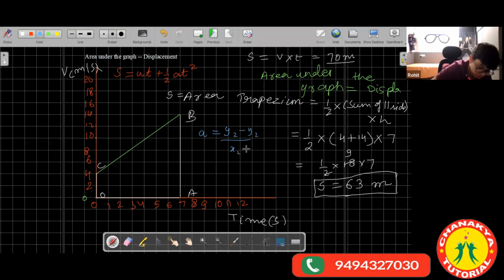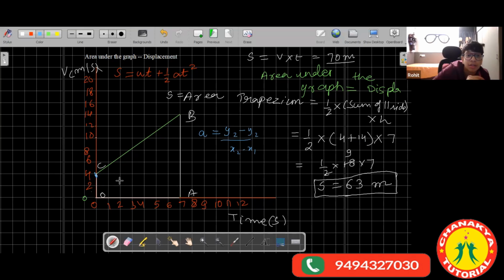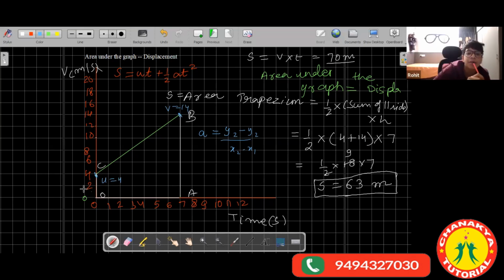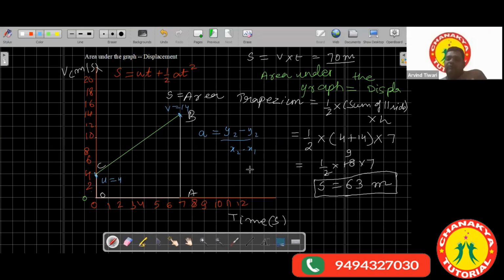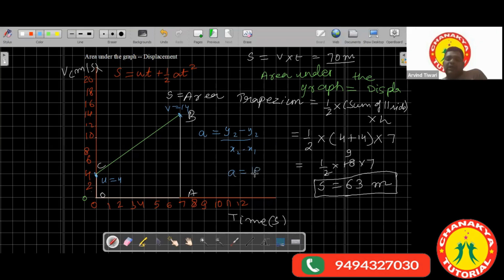You choose any two points. Take the final velocity v equals 14 and initial velocity u equals 4, so 14 minus 4 by 7, which is 10 by 7.